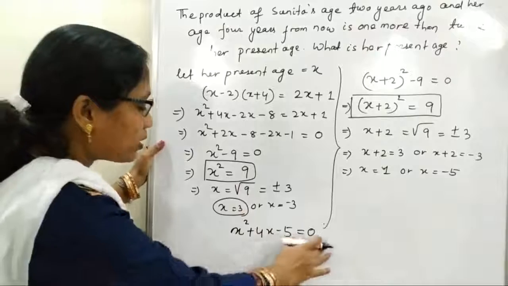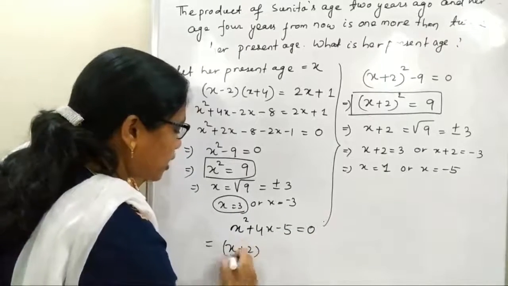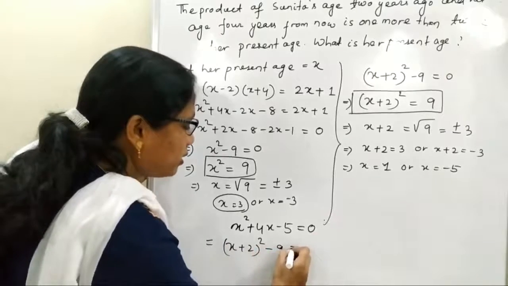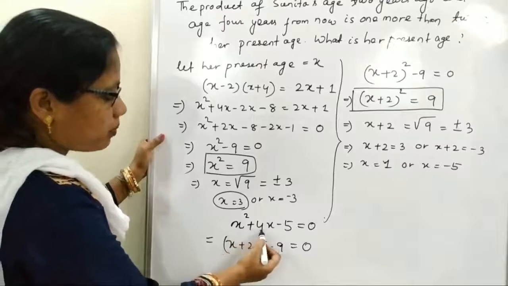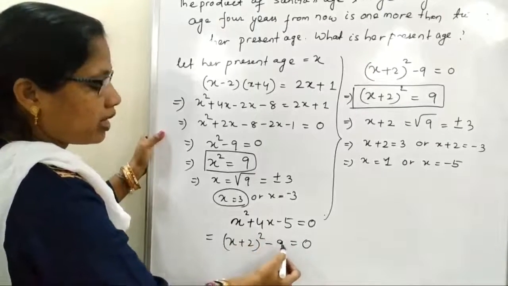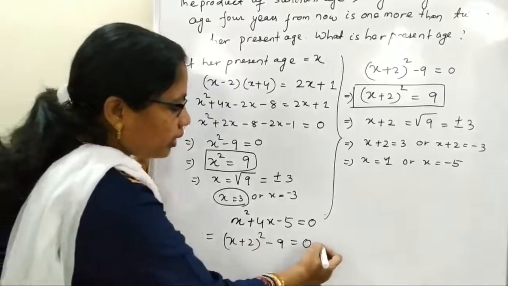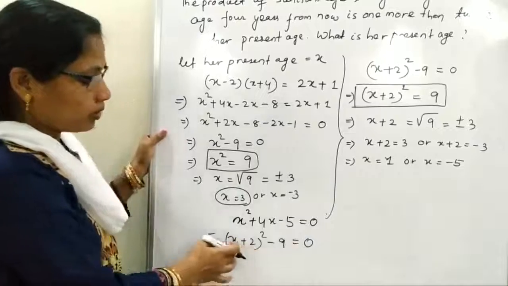We can convert this to x plus 2 whole square minus 9 is equal to 0. So here we convert x square plus 4x minus 5 to x plus 2 whole square minus 9 is equal to 0. Then it will be easy for us to find the roots of this quadratic equation.